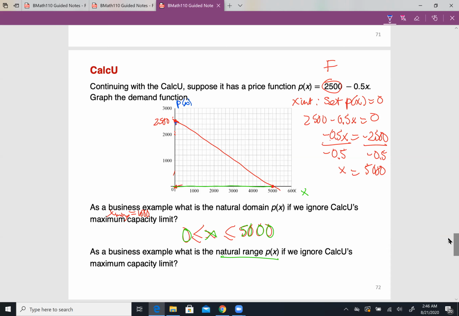You see that the graph just gives you the value P of x from 0 to 2,500, right? So I'm going to say P of x is from 0 to 2,500.